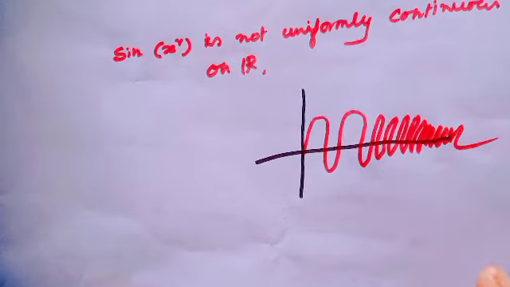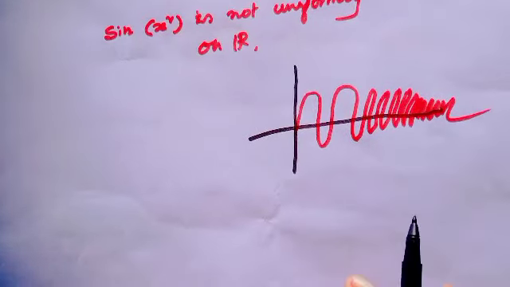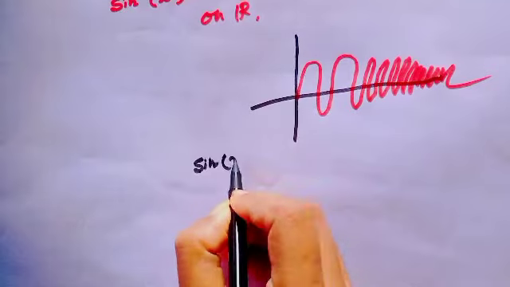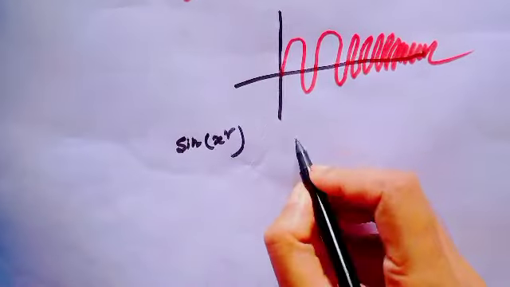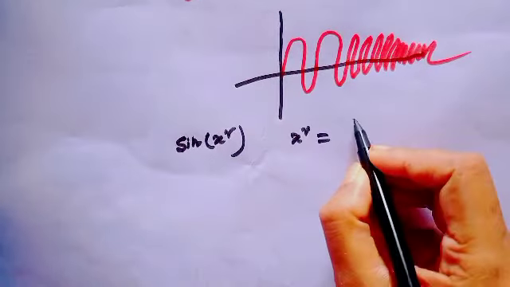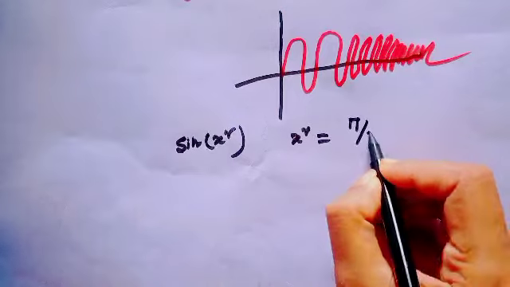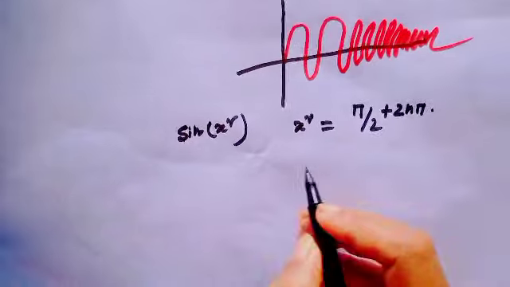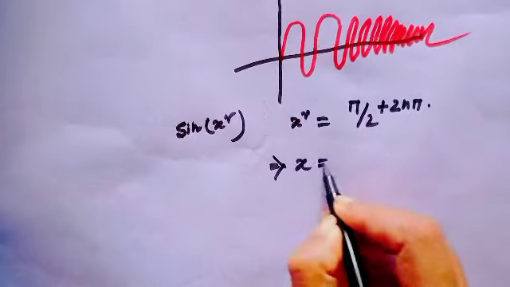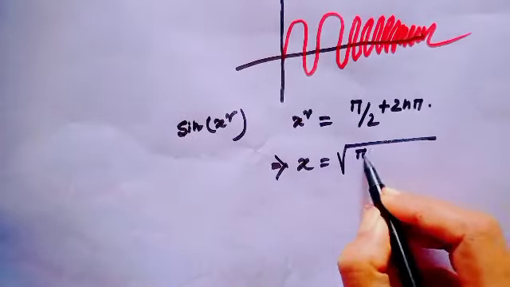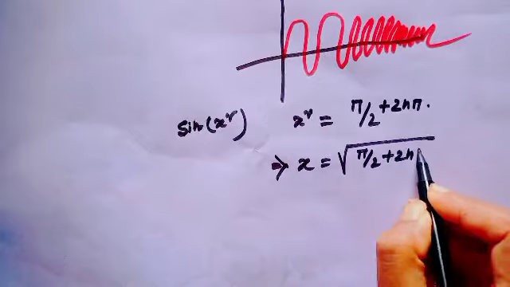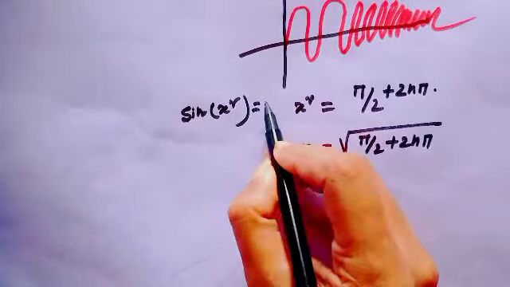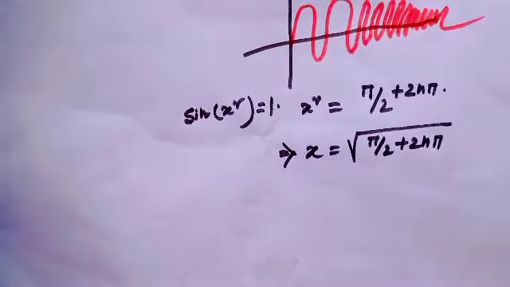At first consider sin x square. Consider x square equal to pi over 2 plus 2n pi. That means x equals square root of pi over 2 plus 2n pi. And at this point, we all know the value of sin x square is 1.